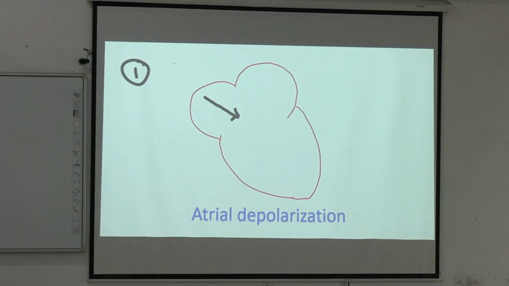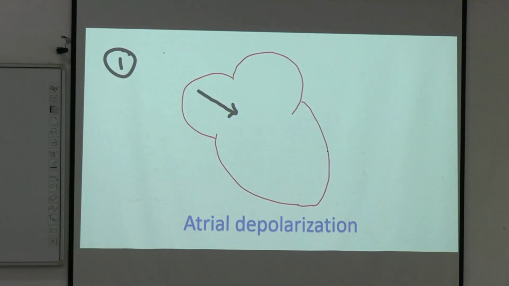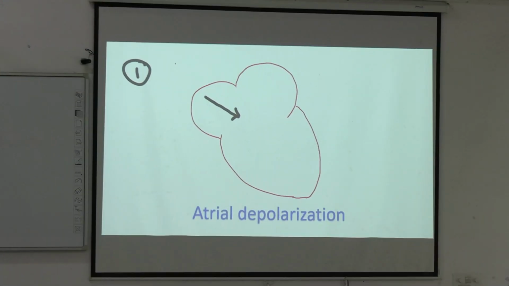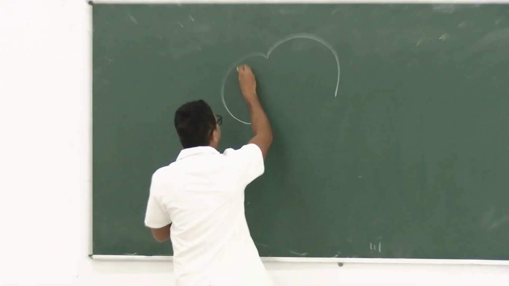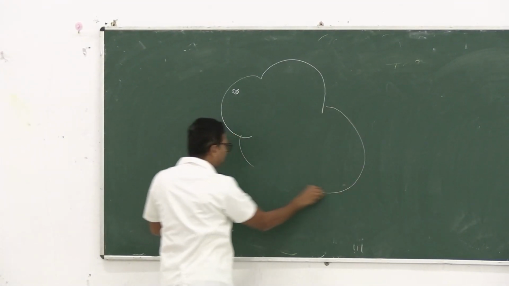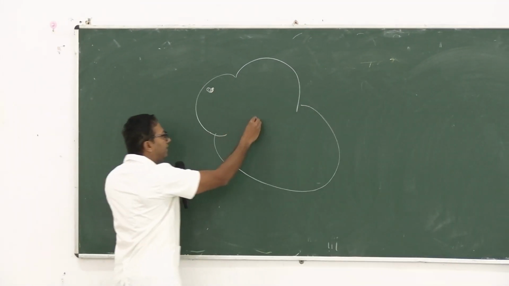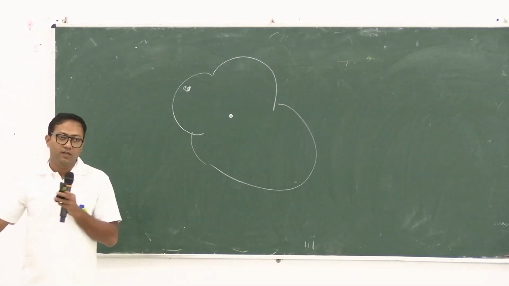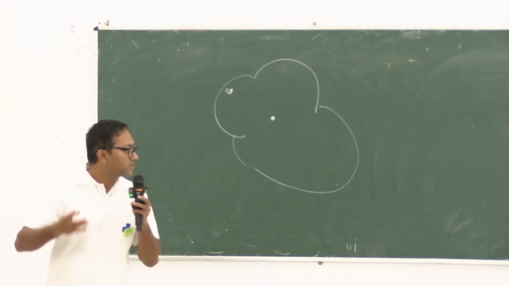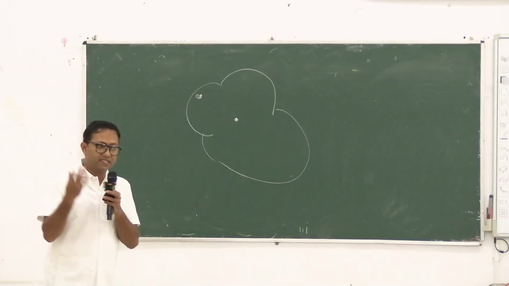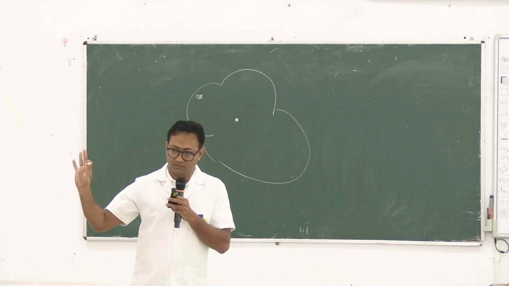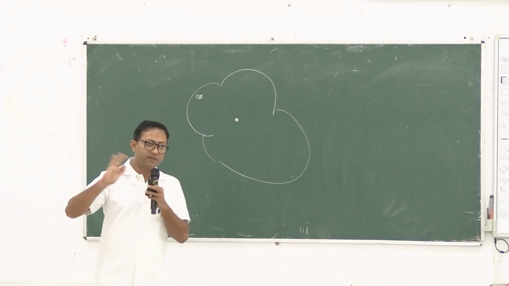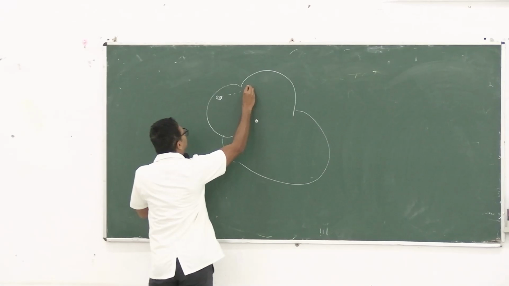So this is the atrial depolarization vector. Truly, there is not a single vector. If you consider this is your atria, and here is the location of the SA node and here is the AV node, what happens is that from the SA node, the depolarization wave travels in all directions.